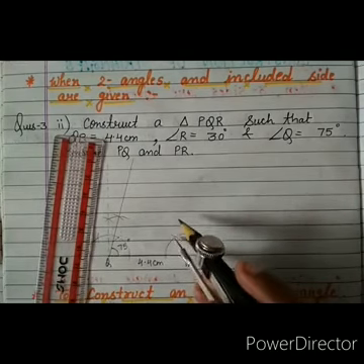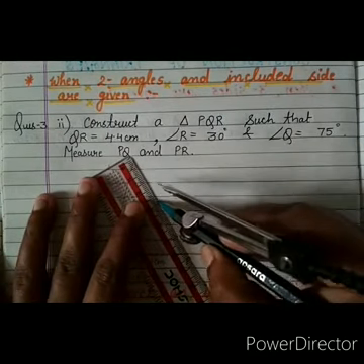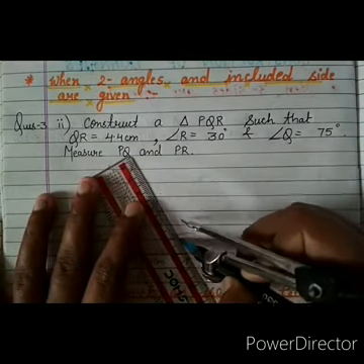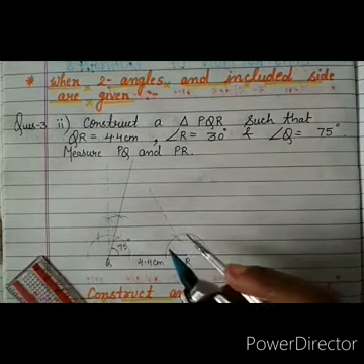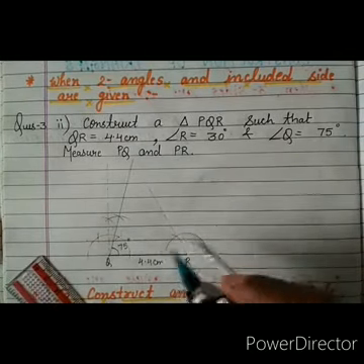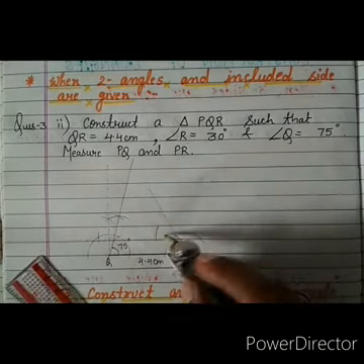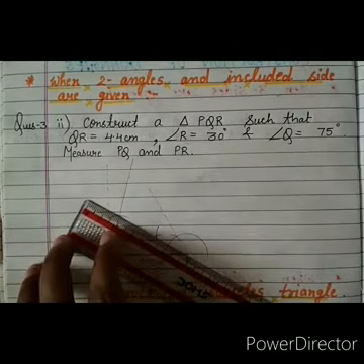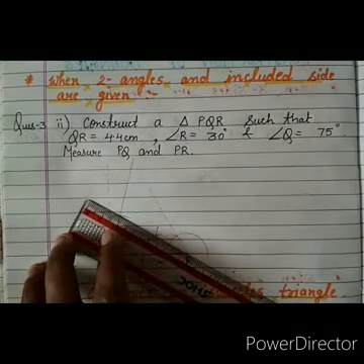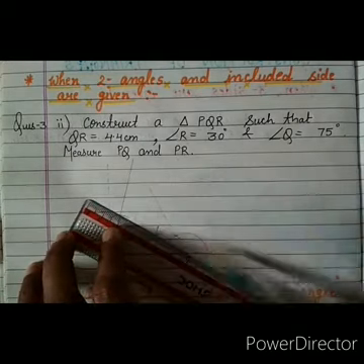So draw it with dotted line because we need 30 not 60. Now make two arcs from this point and this point in this way. Now this is our angle of 30 degree. So make it with a complete line in this way.